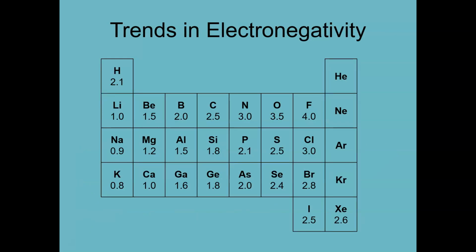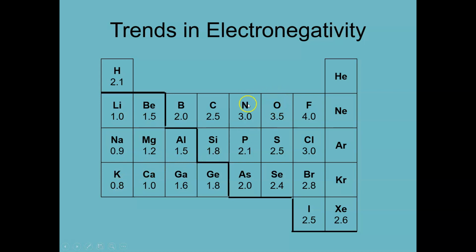We've talked about the periodic trends in electronegativity. Here's just an abbreviated periodic table, just reminding you what some of those electronegativity values are. And if I put in the little stair-step line that separates the metals from the non-metals, what is clear here is you can see that the metals all have very low electronegativities, and we know that metals tend to lose electrons.